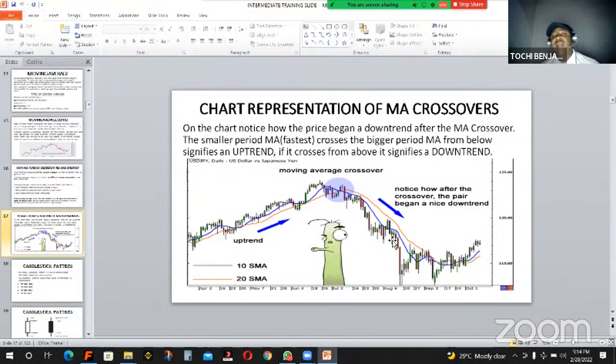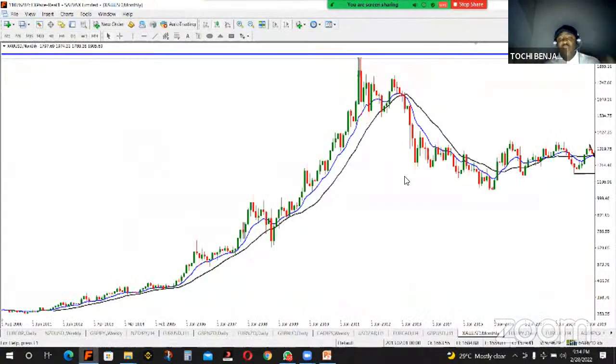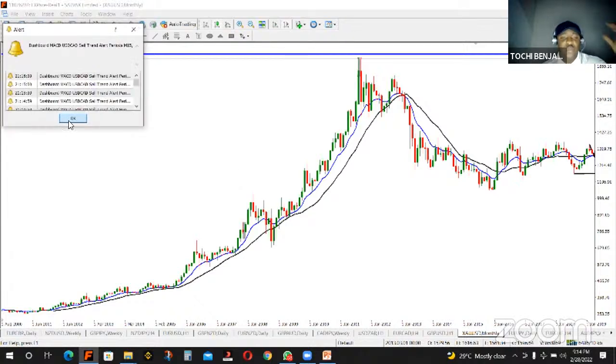Let's go to our chart. Now the question is, when am I supposed to buy? When am I supposed to sell? That's the two things we do in this market. We either buy or we sell. Where are we to buy, where are we to sell?